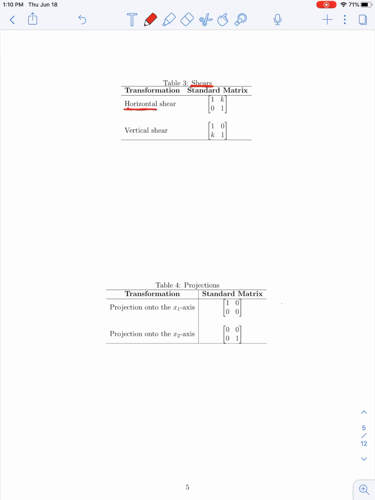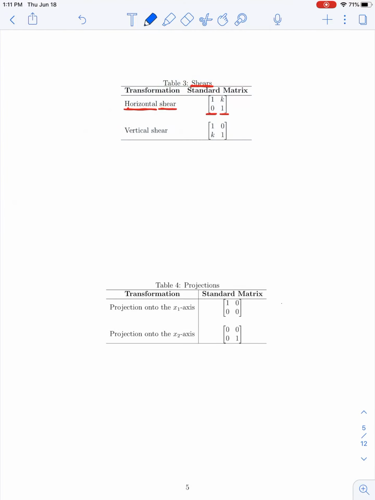So in the first case, we have what's called a horizontal shear, where the vector E1 is mapped to itself, and the vector E2, which was (0, 1), is mapped to (k, 1). So that is, we're adding k times our first column to the second column. Or equivalently, we're adding k times the second row of the identity matrix to the first row.